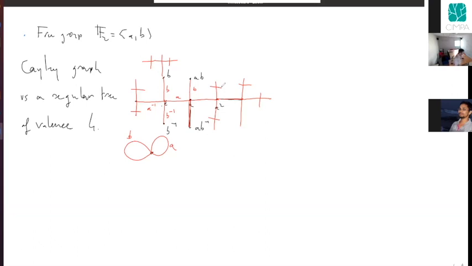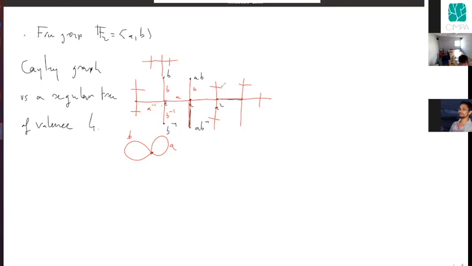What is interesting, maybe before I switch, is that if you look at a path inside your group, the path of shortest length will give you the word distance.